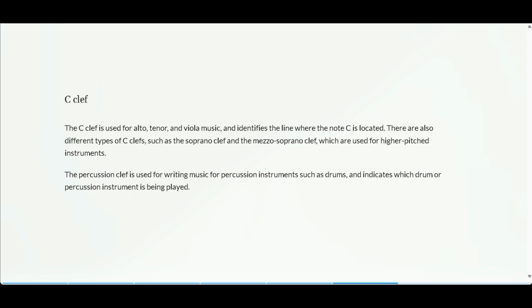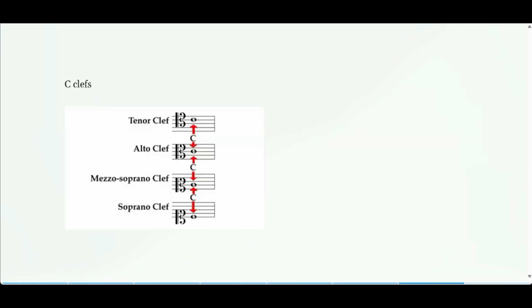So alto and tenor are for viola music, and it has the middle C located at the middle, something like here. The same thing is written but in a different place, as you can see.